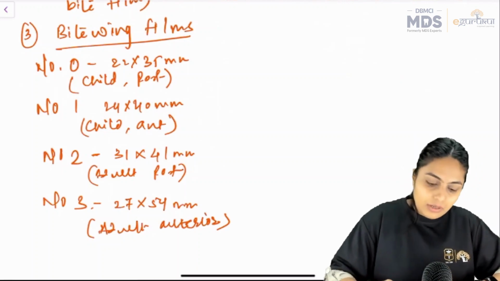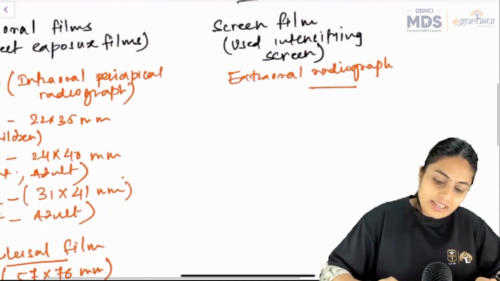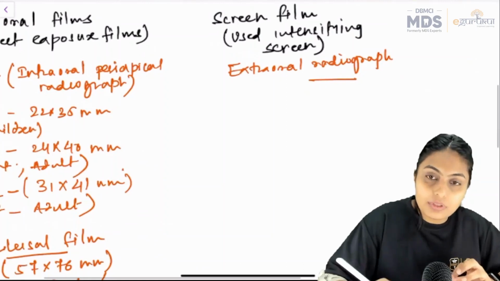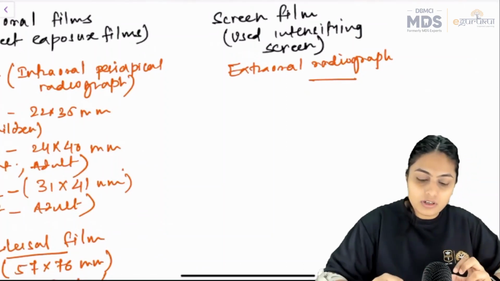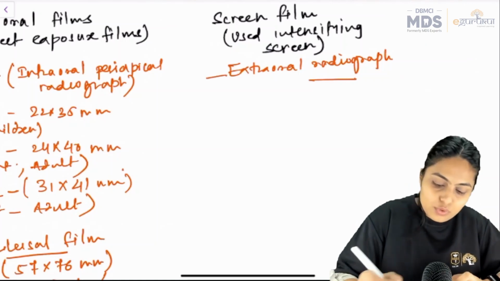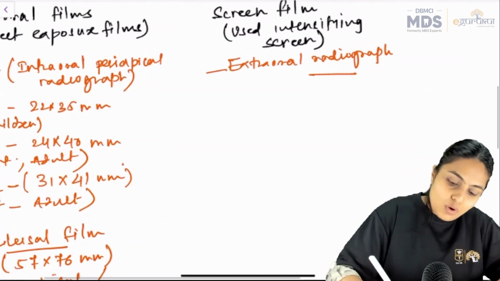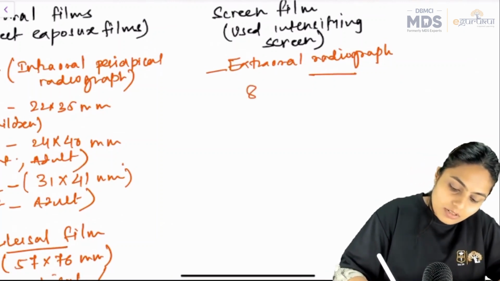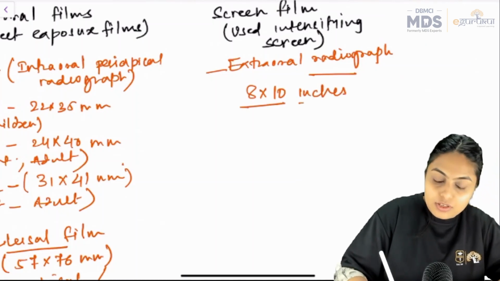Now the next thing that we have is screen films. I've already told you they are used with intensifying screens. I will show you the picture. They are used with extraoral radiographs. The size of screen films varies and the most commonly used is 8 into 10 inches.